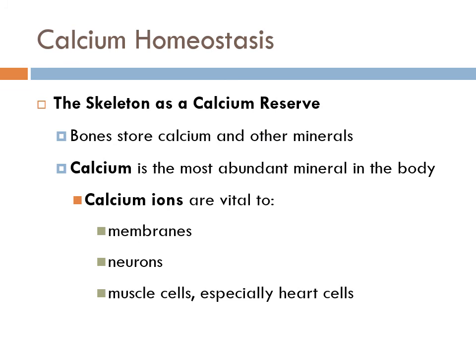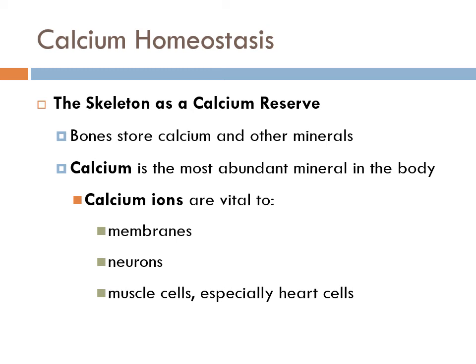So we're going to look at calcium homeostasis. Calcium is super important throughout your entire body for a lot of different things, and so we need to have a stable level of calcium within our blood. Our calcium is stored within our bones along with other minerals, and it is the most abundant mineral in the body.